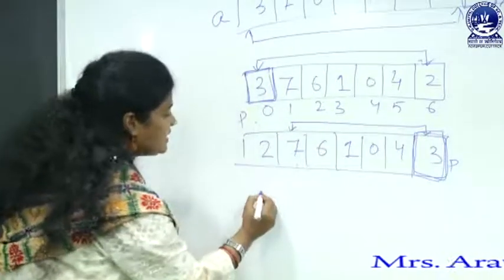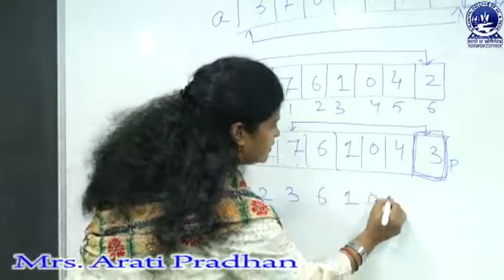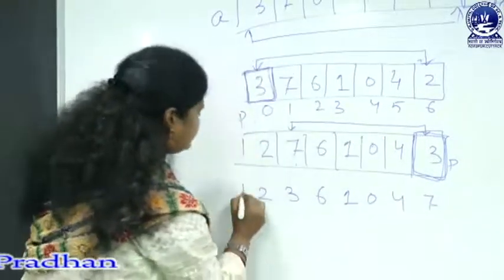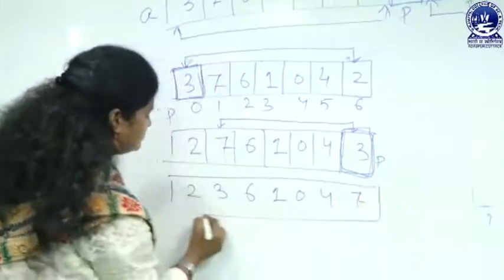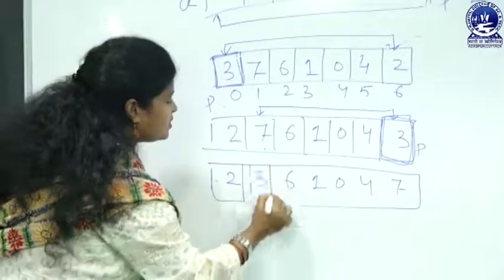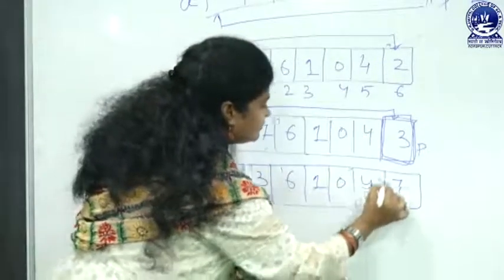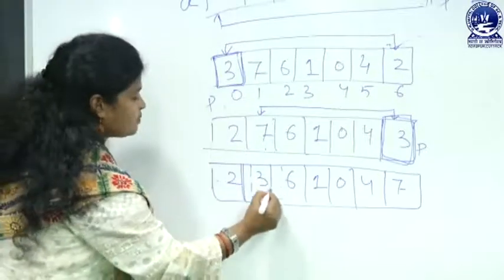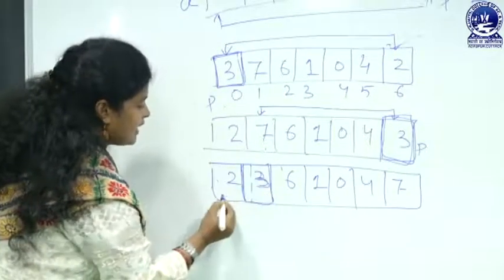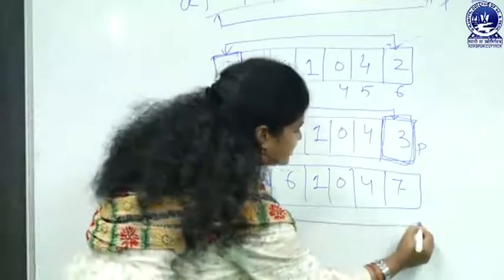So now the list will look like this, and the list is divided into two parts. This one is the pivot, and this one is one part and this one is another part.